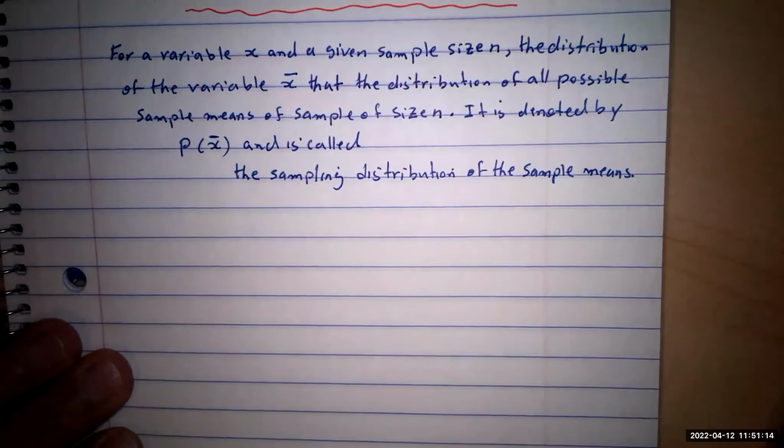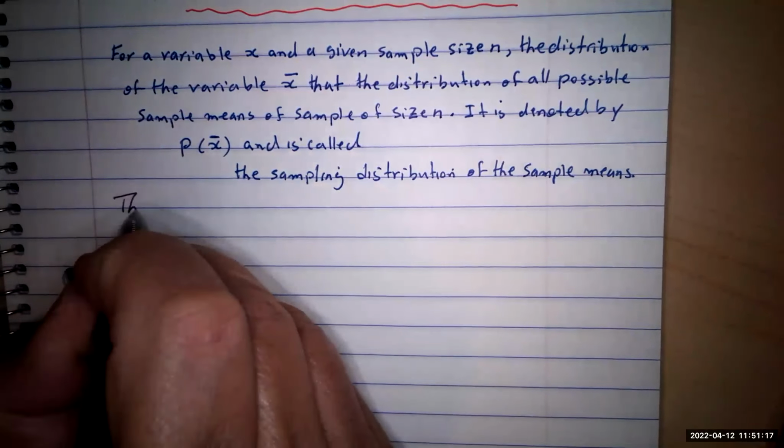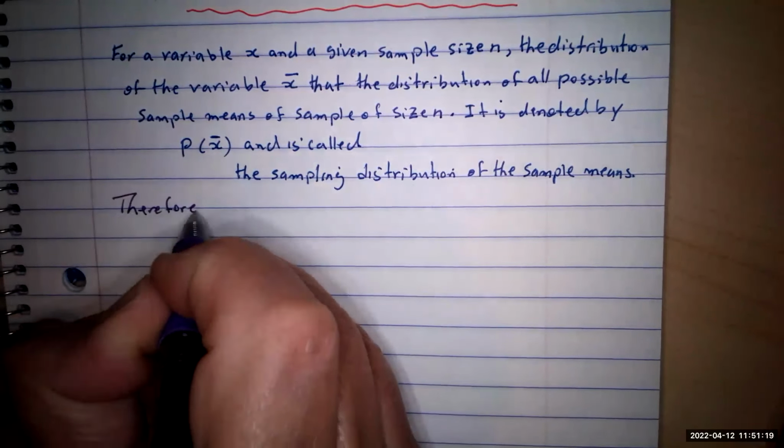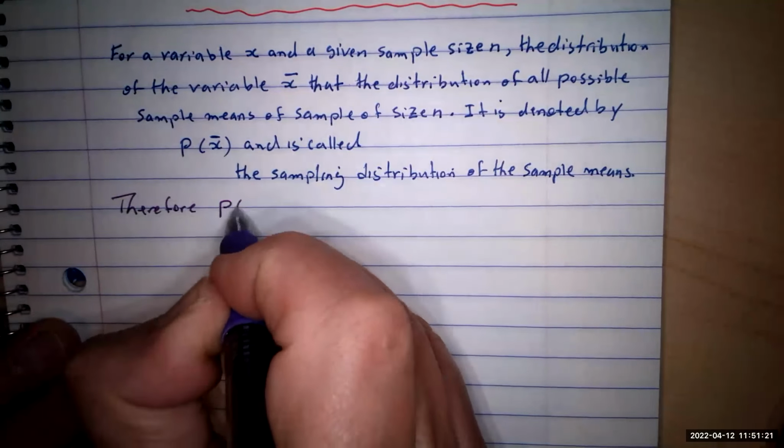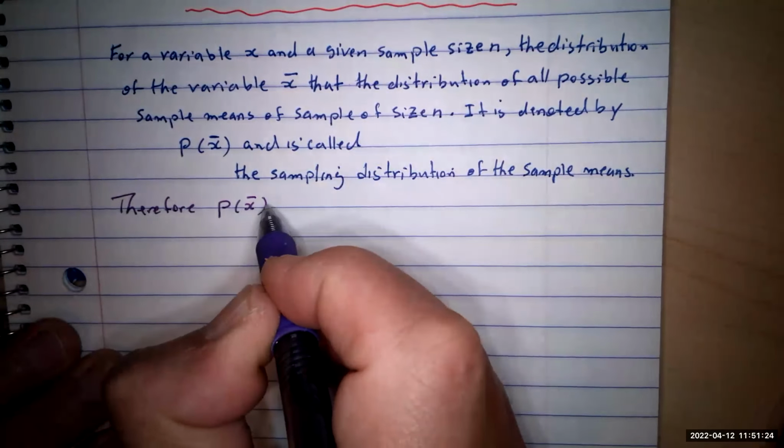Okay, then again, this new function, P of x bar, is obtained how?